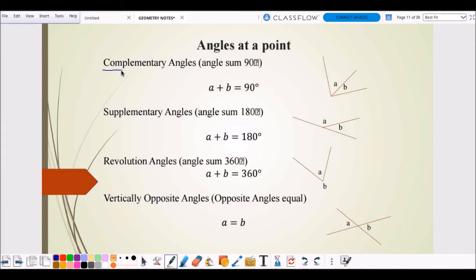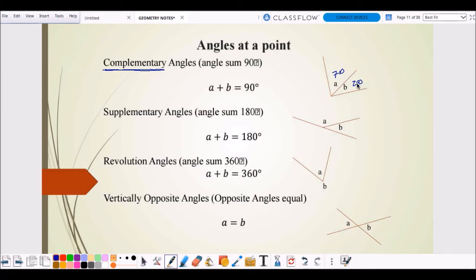First reason is a complementary angle. So when an angle should equal 90, we use complementary as a reason for it. So if you say the angle is, let's say this is, I don't know, 70, angle B should be 20. It's 20 degrees because they are complementary. So you have to use this word as a reason for why it is that angle.